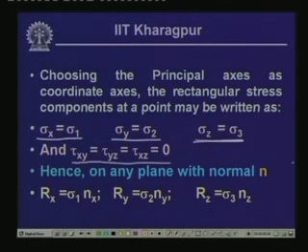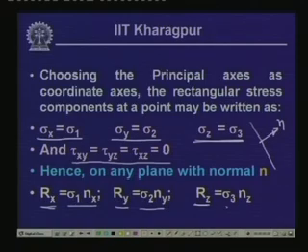Now, if we choose any plane having outward normal n on which the rectangular stress components are sigma 1, sigma 2, sigma 3, then correspondingly the components of the resultant stress will be r x, r y and r z, which is equals to sigma 1 times n x from Cauchy stress formula, sigma 2 times n y and sigma 3 times n z.